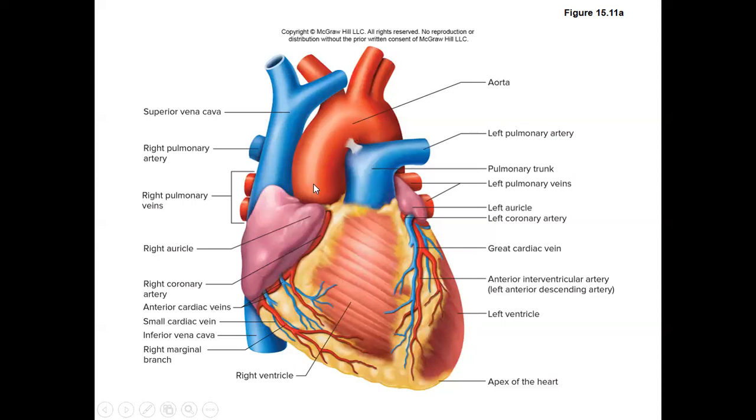That's red, it's oxygenated. But the pulmonary artery is blue because you're taking this deoxygenated blood and it literally just came from the rest of the body into the atria, into the ventricle, and now it's going to the lungs to be oxygenated. Once it gets oxygenated, then of course it'll be depicted as red.